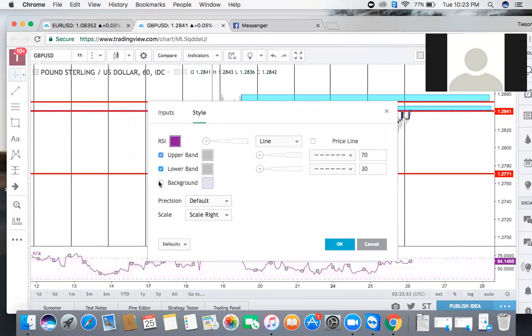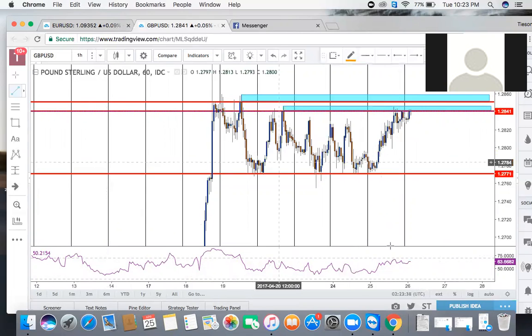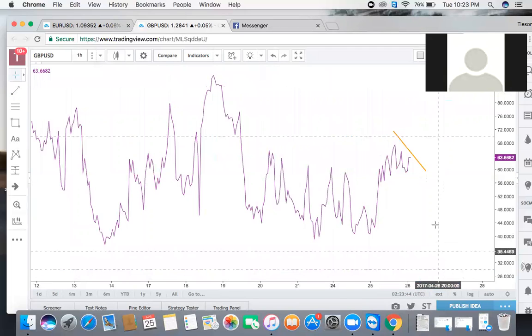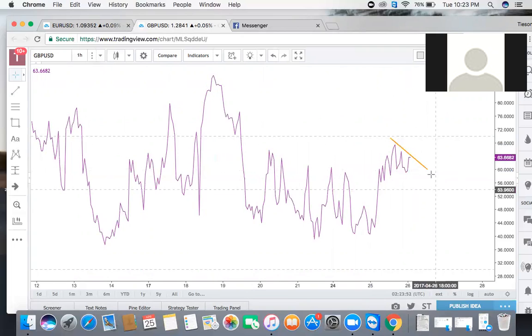Go back around. And so how to use RSI is I see that price is going down, or RSI is going down. I guess you guys can see it a lot better there.